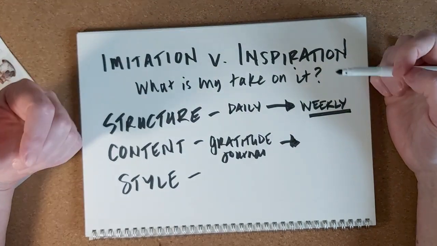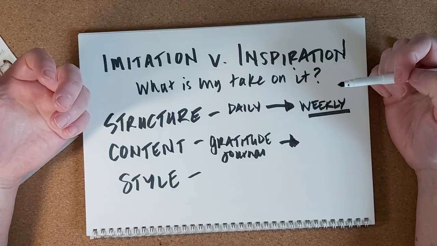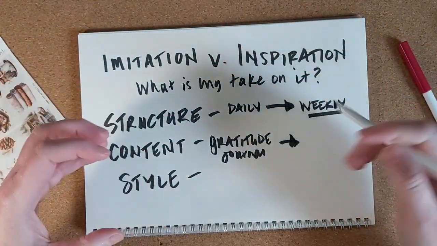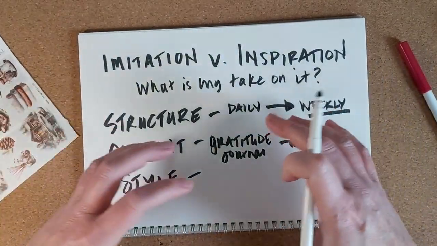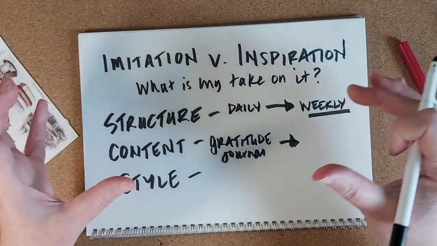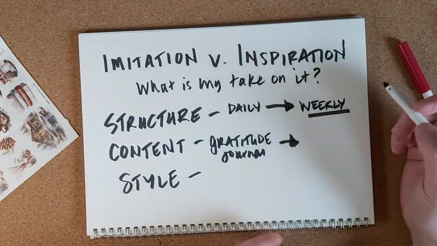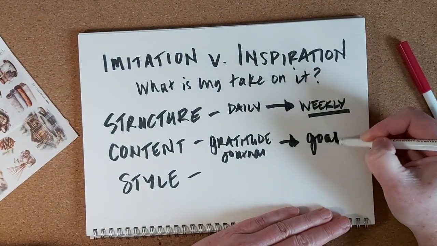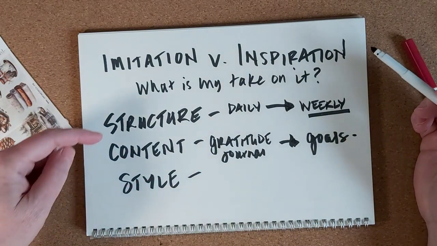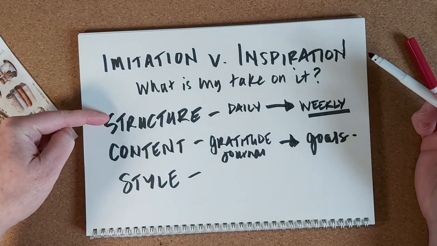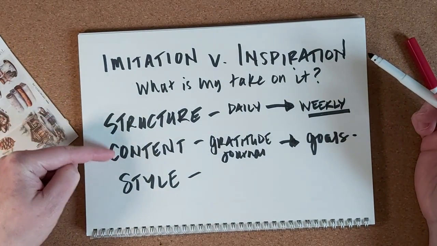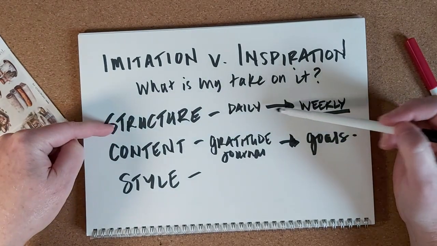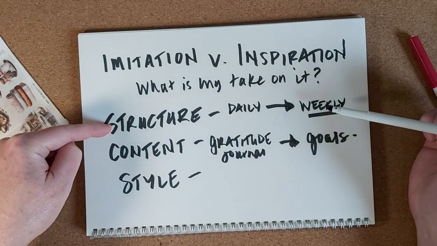So they maybe have a section dedicated to gratitude in their journal. And you like the way that they've structured that and sectioned that off with gratitude, but you're going to now make that a goal section. So you're changing the content. The style and the structure might be the same, but you're changing the content. Before, the content was the same, but you were changing the structure.